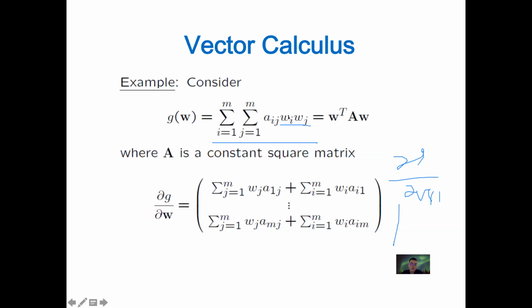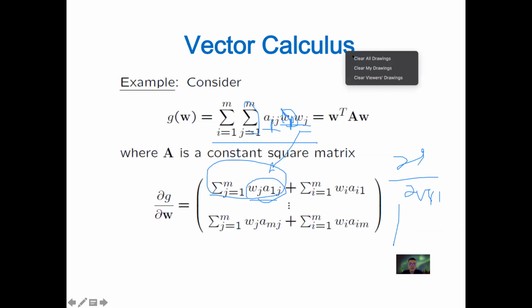Let's think about i equal to 1 first, which is exactly this case. So you can compare this. Taking the derivative with respect to w1, w1 is gone, so the coefficient is a1j wj, which is this. For i equal to 1, j has n terms, so that's where you get this term.